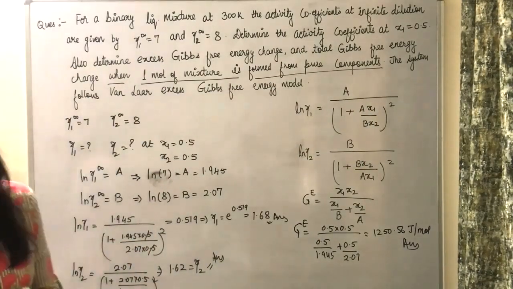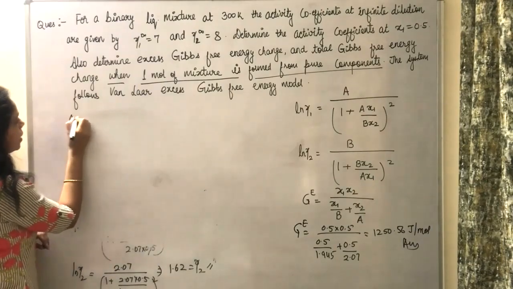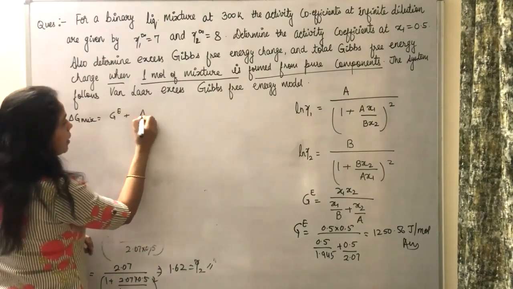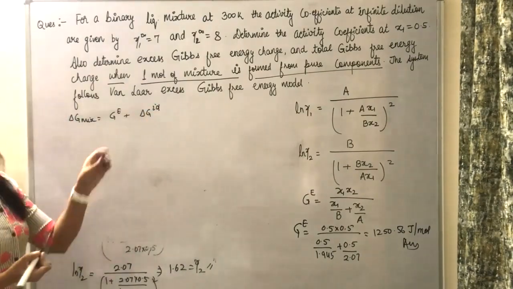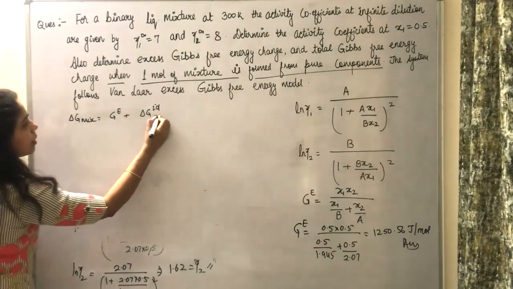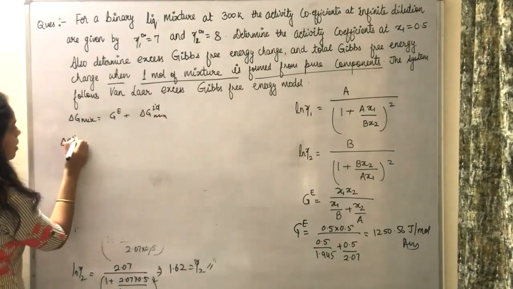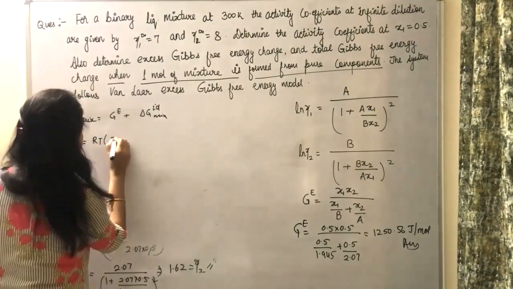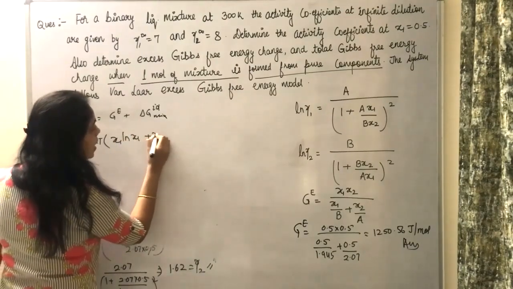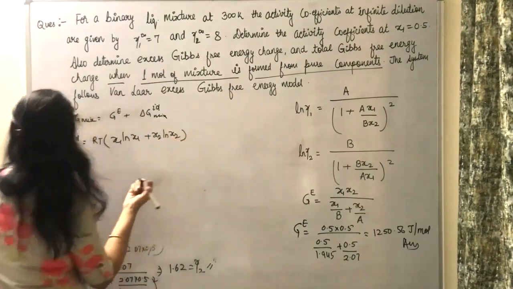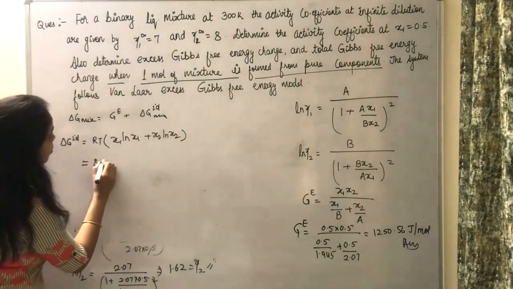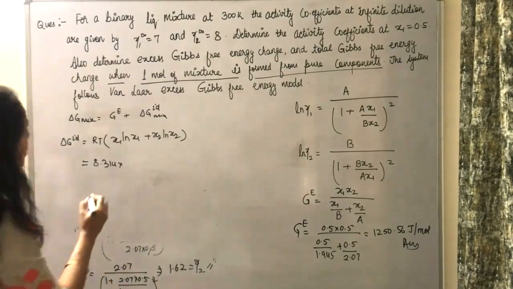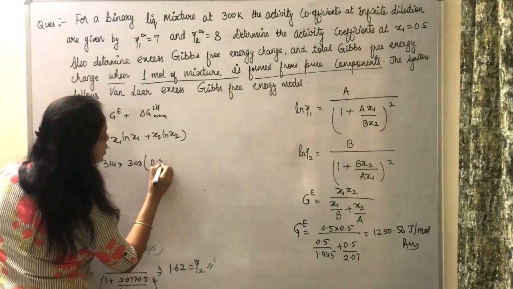We know that delta G mix equals GE plus delta G ideal, and we also know that delta G ideal equals RT times x1 ln x1 plus x2 ln x2. We have already discussed all these formulas. R is 8.314, the temperature is given to us as 300 Kelvin, and the rest of the values are known.